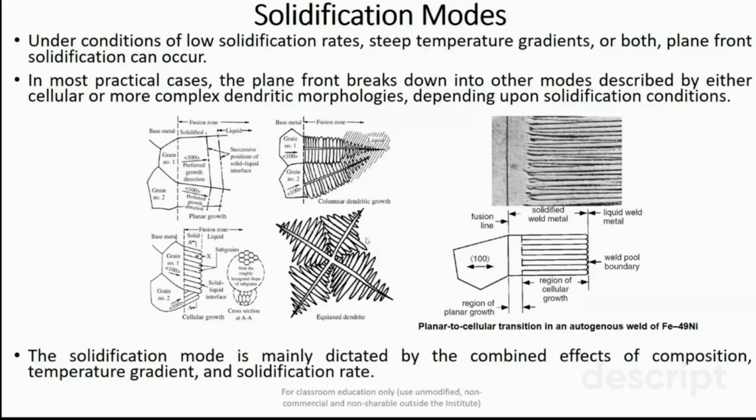As I told you, the composition, solidification temperature, and solidification rate determine the solidification mode in welded components. In most castings, you will observe either this cellular growth or the columnar dendritic growth.